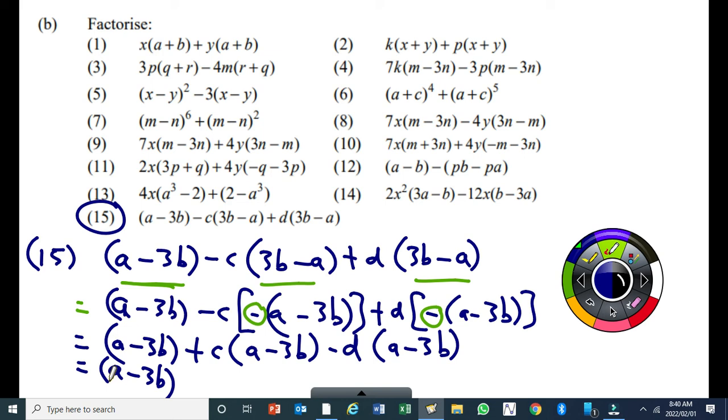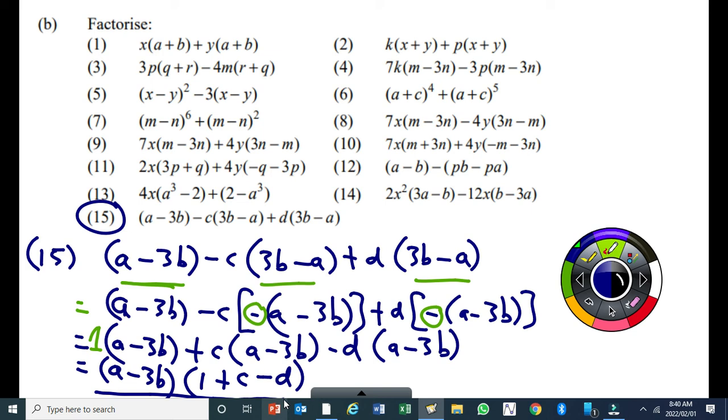Now be aware that there is an invisible one here. So when I open the second bracket, it's going to be made up of 3 terms. The first term in that second bracket is going to be a 1. The next one will be a c. The third one will be minus d. So this will be your answer. The answer will be a minus 3b times 1 plus c minus d.